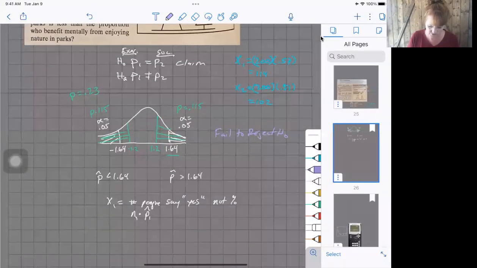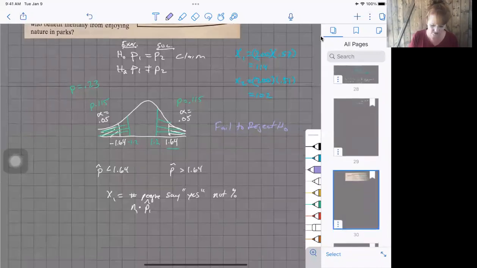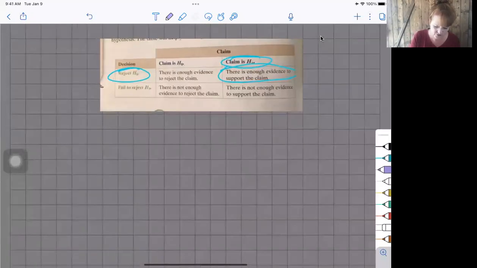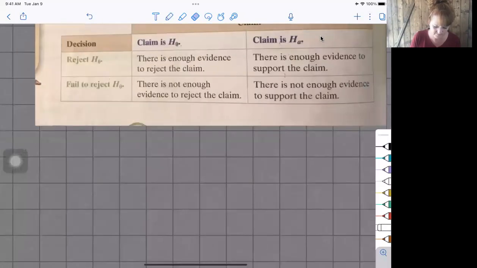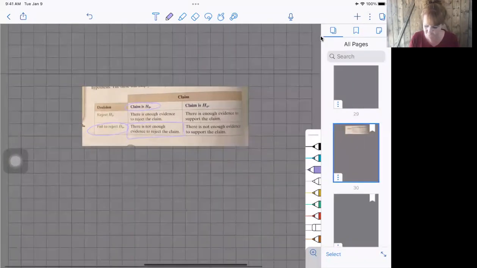So we're going to go to our chart. H naught is the claim. And we are failing to reject H naught. So that means there's not enough evidence to reject the claim.